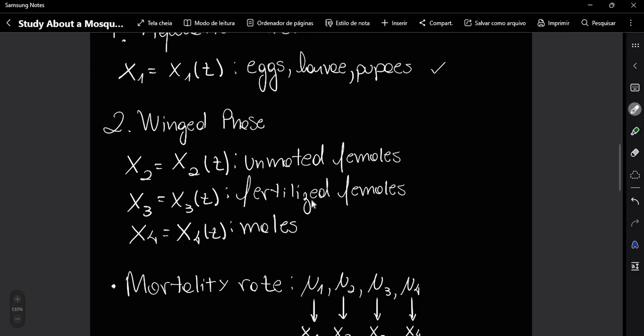Right here is unmated females, so it's not related to this first equation of the system.